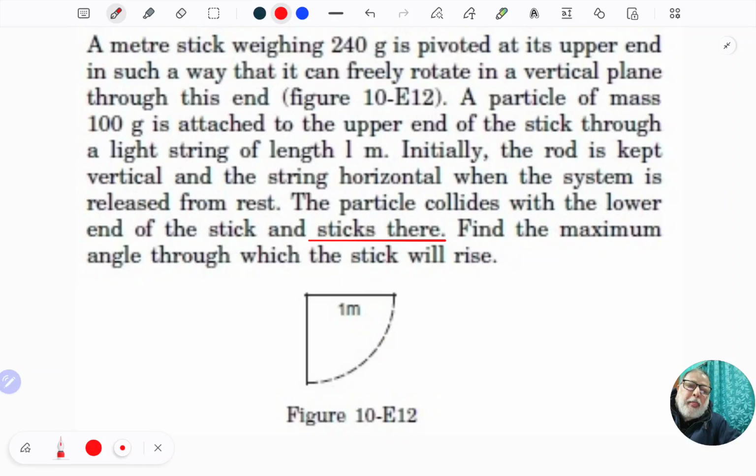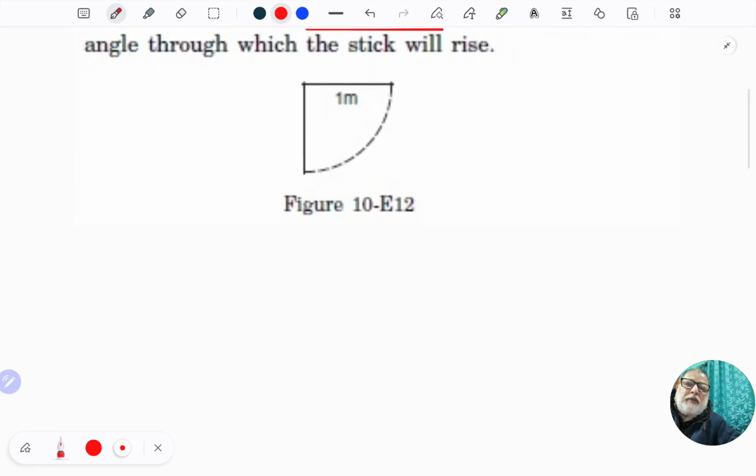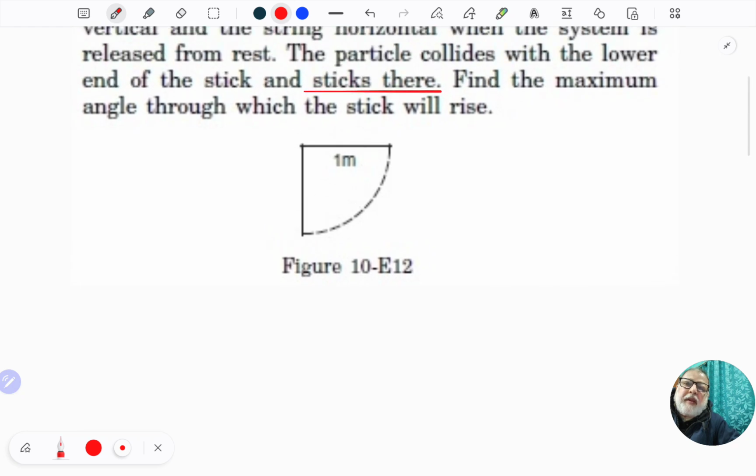Well, again, while discussing this problem with my students, I have seen the dilemma of the students as to what method they should apply to solve this problem. Some say total mechanical energy is conserved, we can apply that.